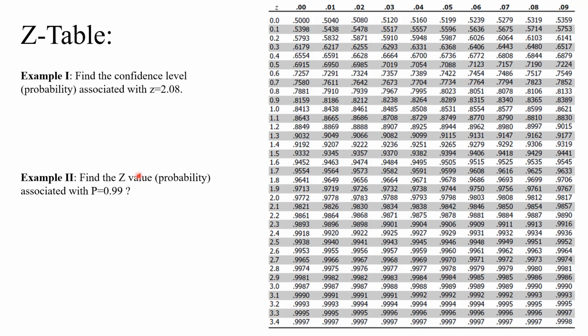Now we are going to do the opposite. We want to find z if we have the probability. So the probability is 99%. What is the corresponding z value? So we have to go here and find 99. So here I have 98, it increases. Here I have 0.9901 and 0.9898.